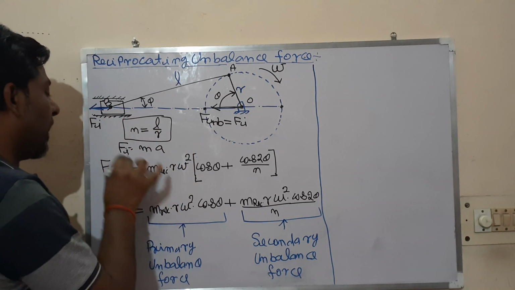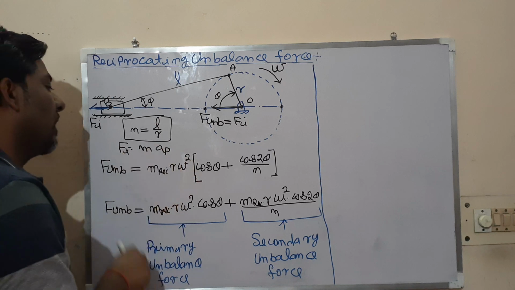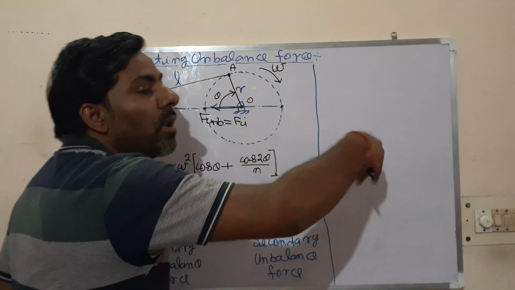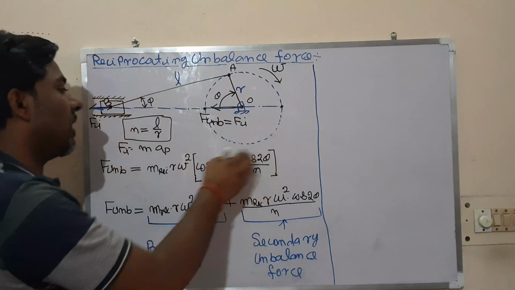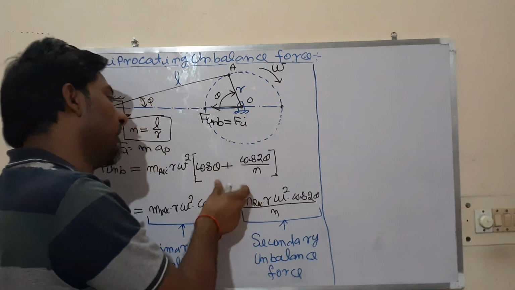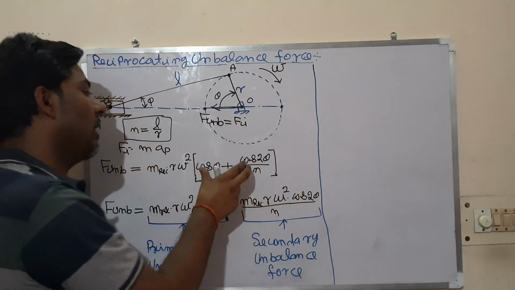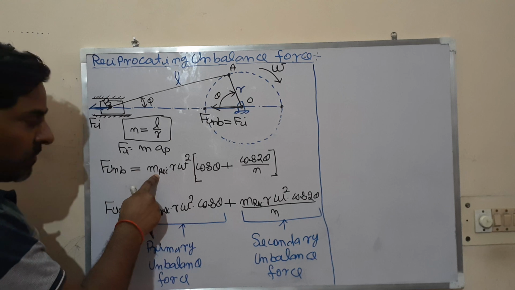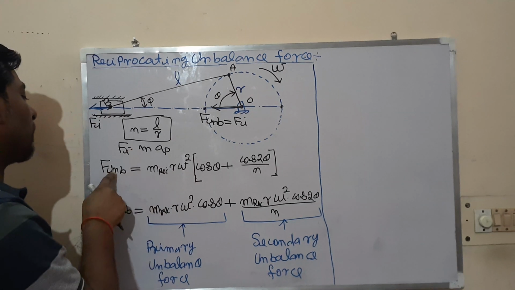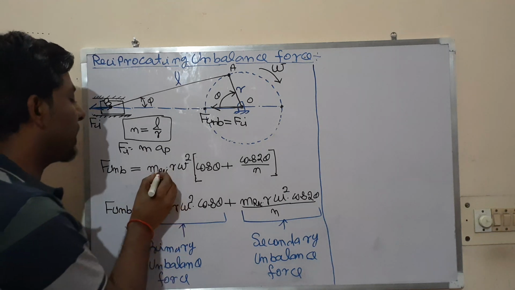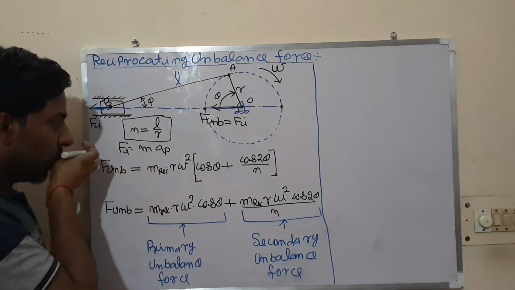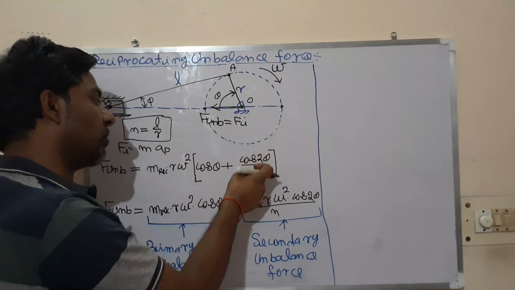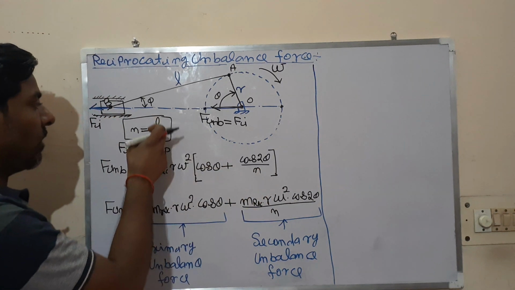So inertia force Fi is equal to mass into acceleration. The acceleration of the piston is r omega square into cos theta plus cos 2 theta divided by n, plus more terms. When expanding, we get a number of terms; neglecting the higher order terms, we have only these two terms. So r omega square is the acceleration of the piston, and this is the mass of the reciprocating part. So the unbalanced force becomes m_rec, the mass of the reciprocating part, times r, the radius of the crank, omega square, times cos theta plus cos 2 theta divided by n, where n is equal to L divided by r.